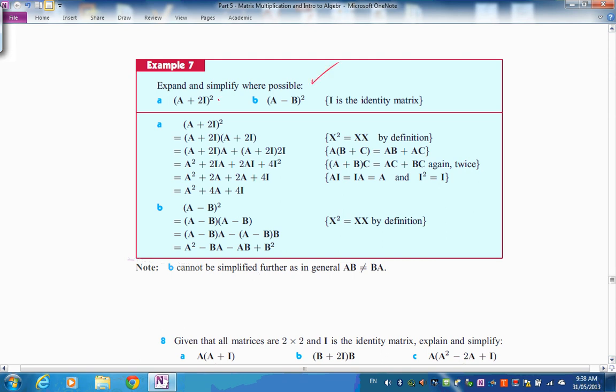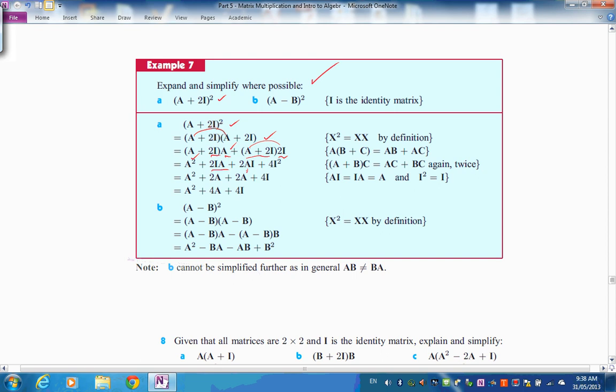Well, (A + 2I) all squared, there it is, multiplied by itself as usual, and we can do this. It's that by that. We split it, yes, so there. And then that bracket by the 2I, and then A by A is A squared, 2I by A, 2IA, and now A by 2I.